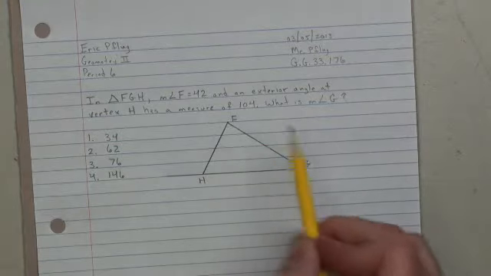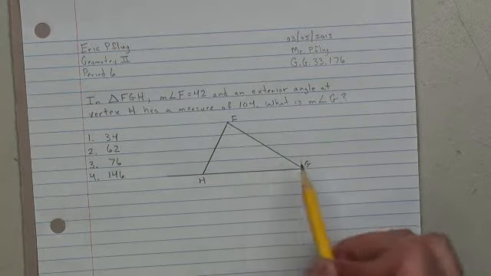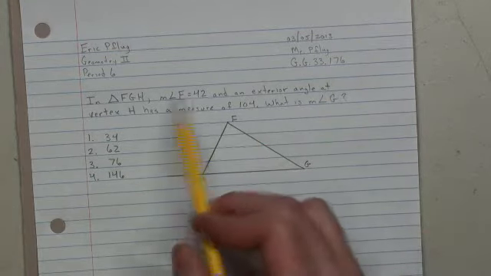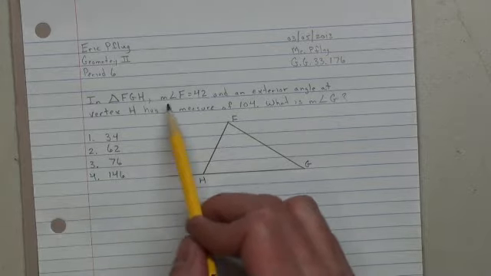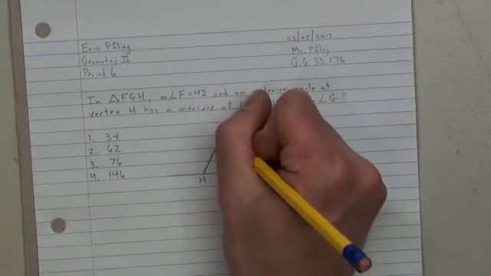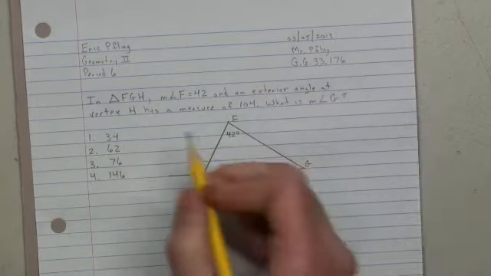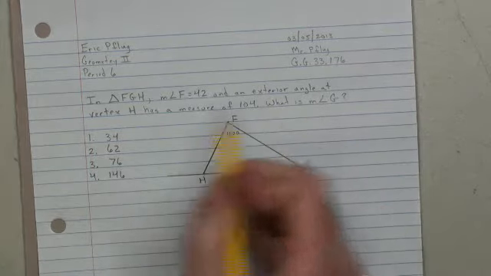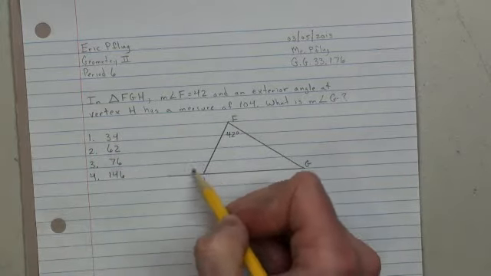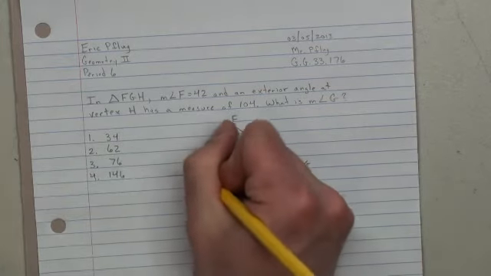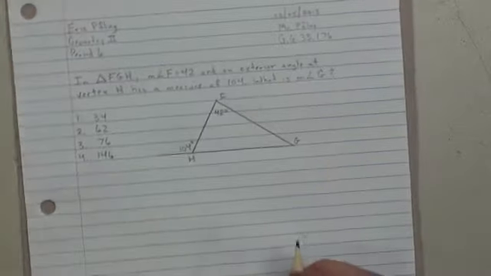Okay, it either has to go this way or it has to go the other way. So F, G, H. F is 42 degrees. And the exterior angle at vertex H is 104 degrees, right?